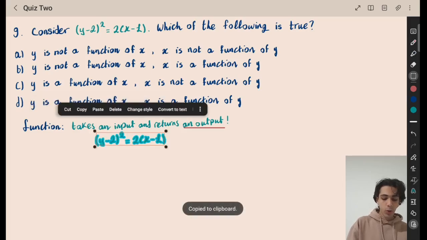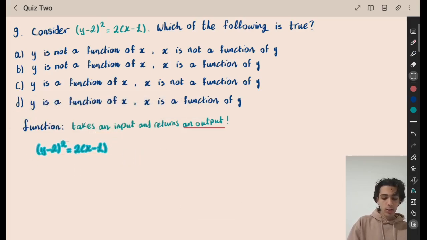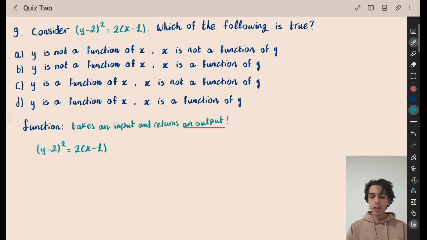So if I say that y is a function of x, then I solve for y and I get something in terms of x. Y is a function of x means solve for y. So let's solve for y.